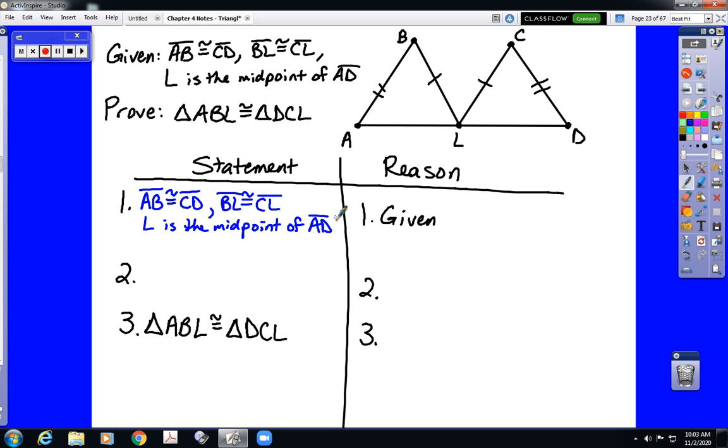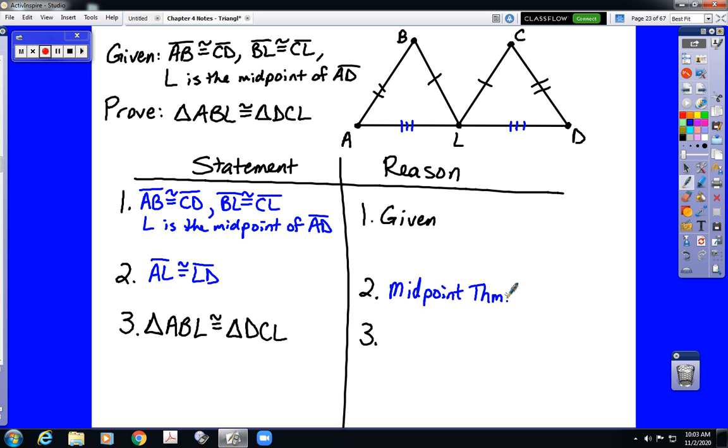The third given, the midpoint given, we need to actually turn into a congruence statement. If L is the midpoint of line segment AD, we have already established the midpoint theorem, which says that if L is the midpoint of AD, then segment AL must be congruent to segment LD. Now, midpoint theorem is one acceptable reason there.